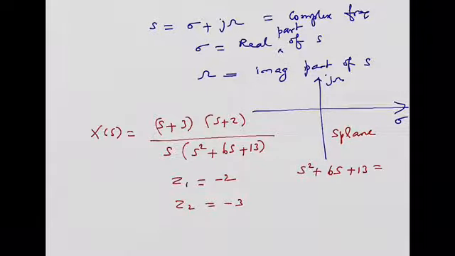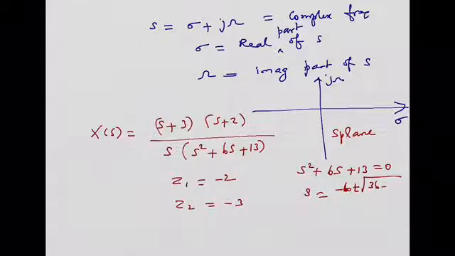So let us take this as an algebraic quadratic equation, and the roots are s equal to minus b plus or minus square root of b squared minus 4ac, with 4 into 13, the whole divided by 2a, 2 into 1.